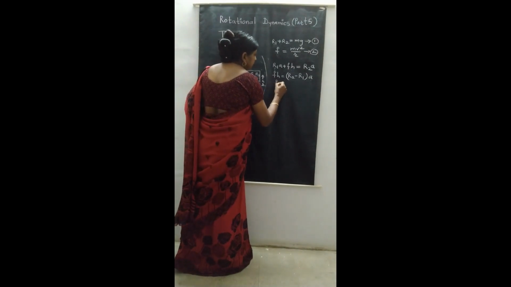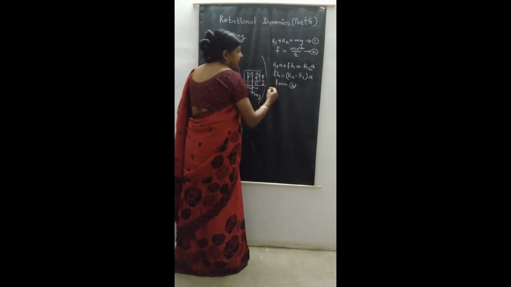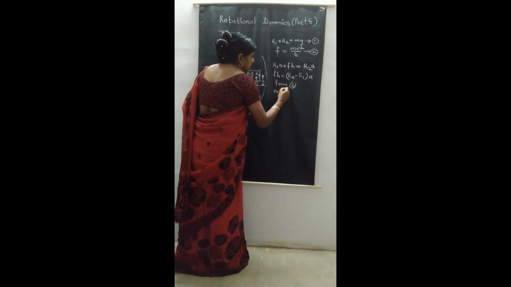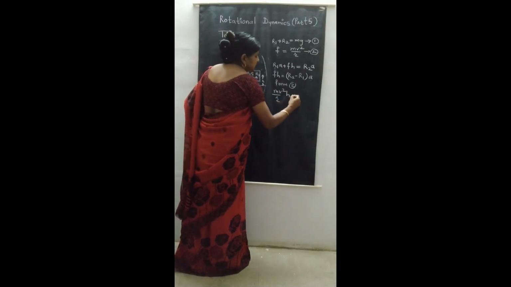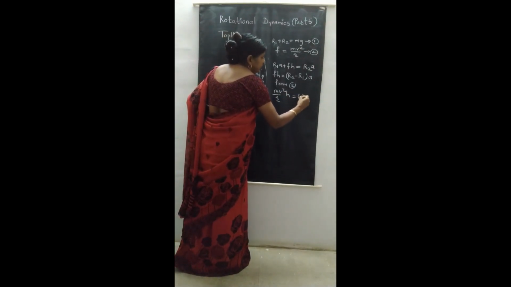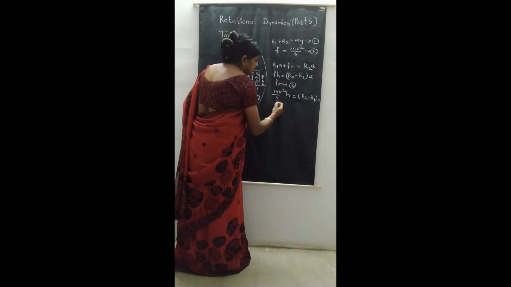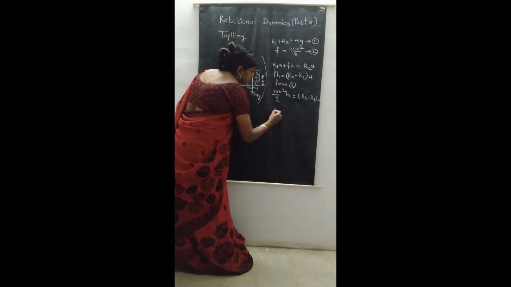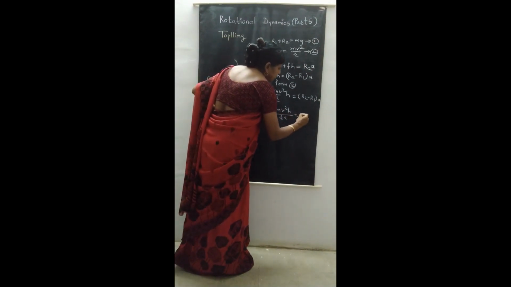So from equation 2, we get mv square upon R into H is equal to (R2 minus R1) into A. Let us transfer this A to the left hand side. So we shall get mv square H upon RA is equal to R2 minus R1.